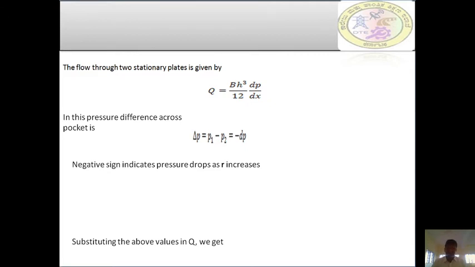Substitute this in the above equation, Q equals BH cube by 12 into dP by dx, where dx equals dr because we have taken the ring thickness as dr, and the breadth of the plate is 2 pi r, the circumference of the bearing surface. It is a round circle, hence the breadth is 2 pi r, and h equals h naught, the thickness of the oil film or radial clearance between the stationary plate and the moving plate.